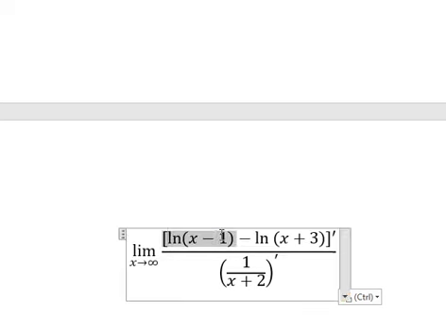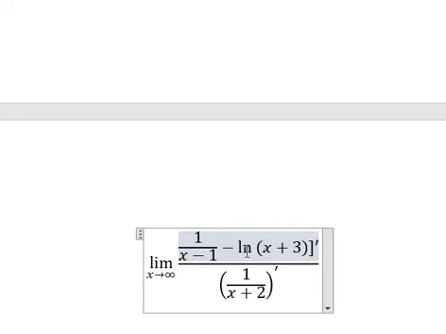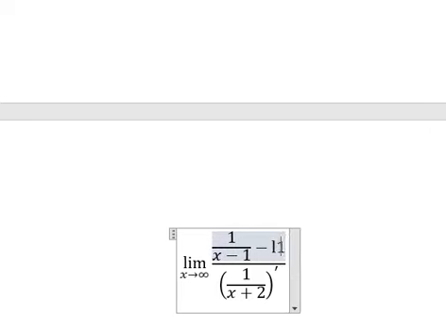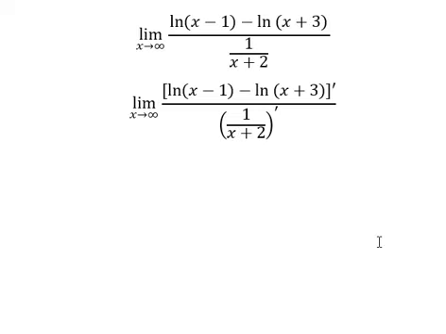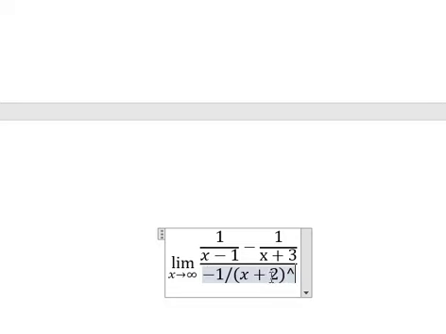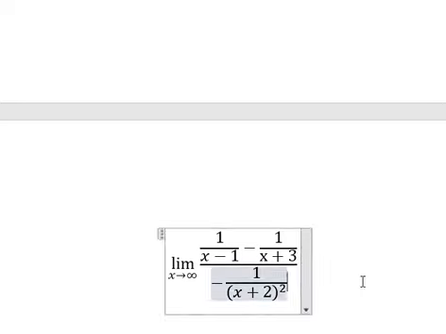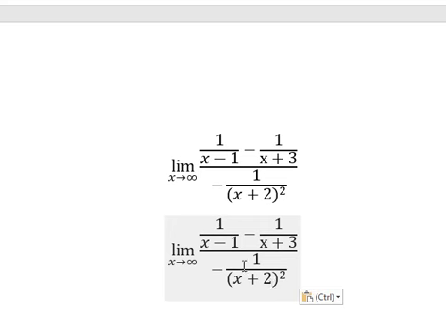So this one we have 1 over s minus 1, and this one we have 1 over s plus number 3, and this one we have negative 1 over s plus number 2, everything to the power of 2. So I will put this one here.